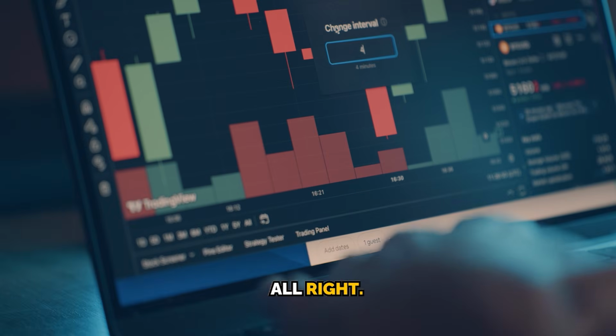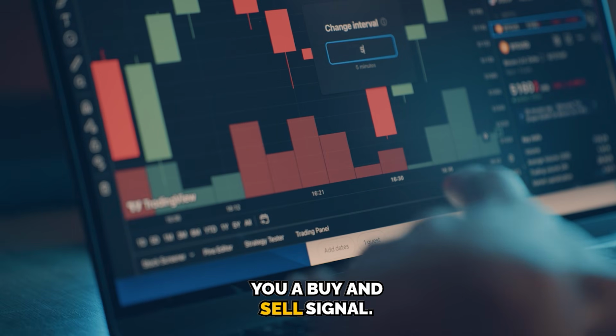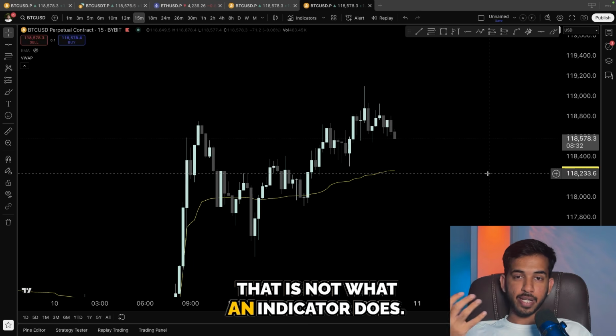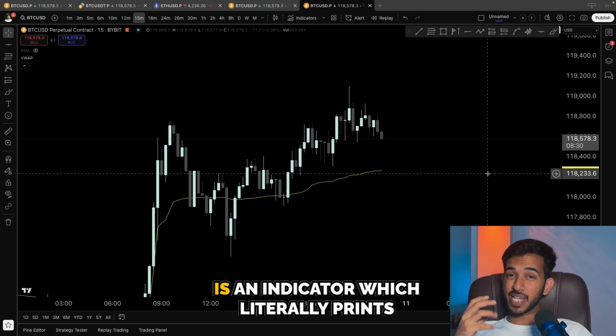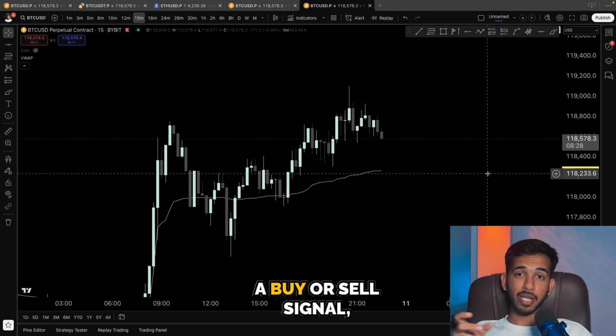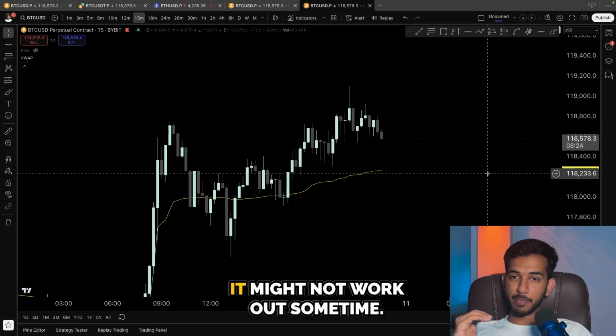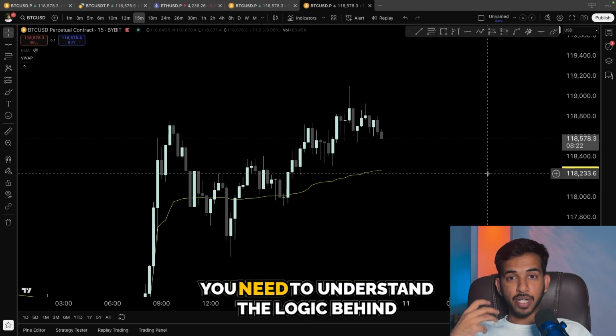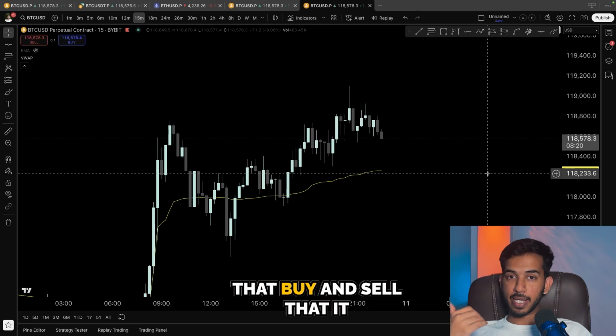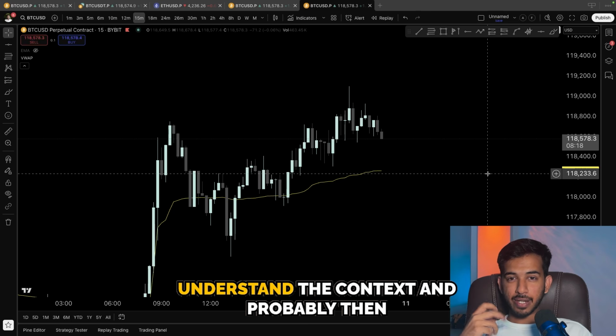And more. All right, they are not supposed to give you a buy and sell signal. That is not what an indicator does. And again, if there is an indicator which literally prints a buy or sell signal, it is going to get delayed. It might work out sometimes, it might not work out sometimes. You need to understand the logic behind that buy and sell that it is showing, understand the context, and probably then try to trade it.